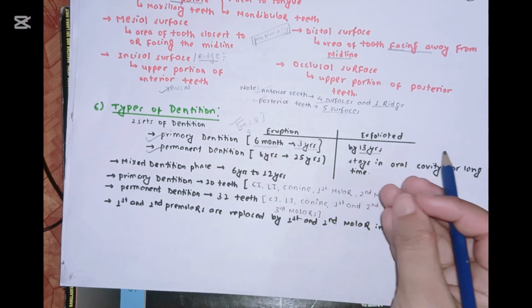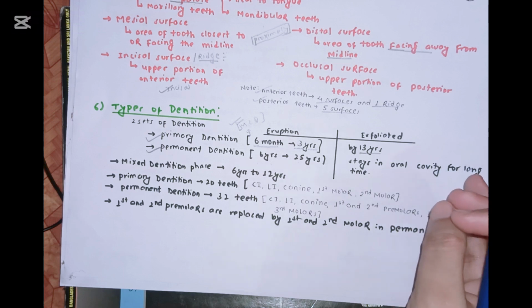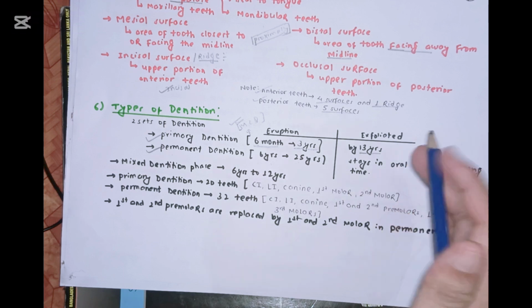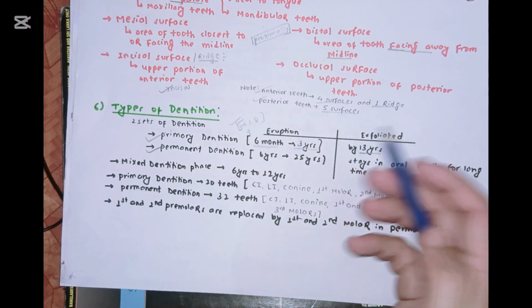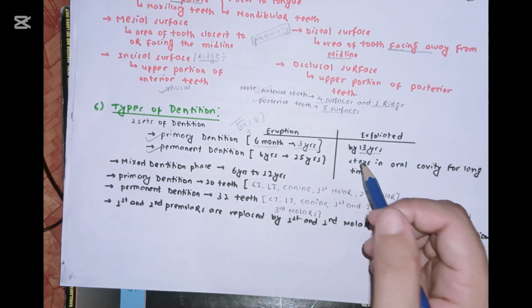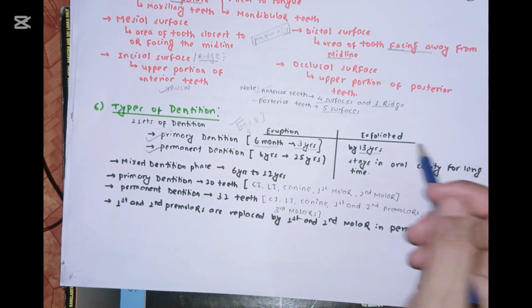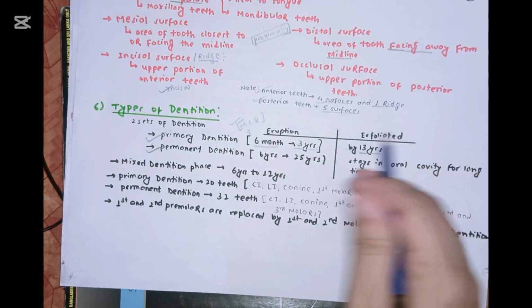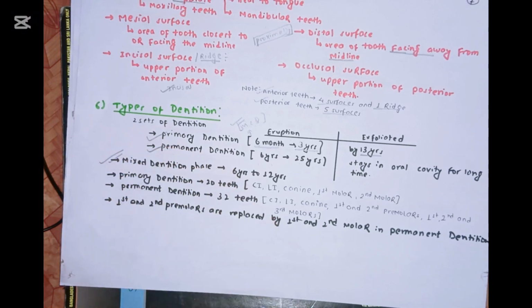Some people who have poor oral health and poor oral hygiene get their teeth exfoliated before their death. But those who have healthy gums and healthy oral health keep them until death. Now another thing I want to tell is the mixed dentition phase.